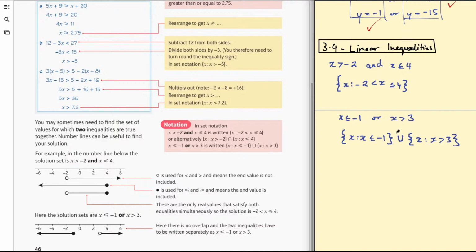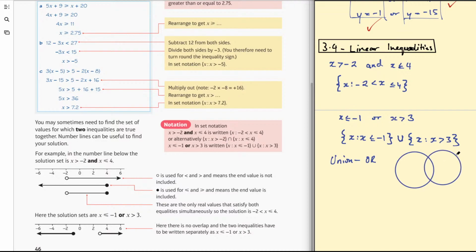Remember what union was when we talk about set notation? Union essentially means "or" in sets. And you can think about it as a Venn diagram.